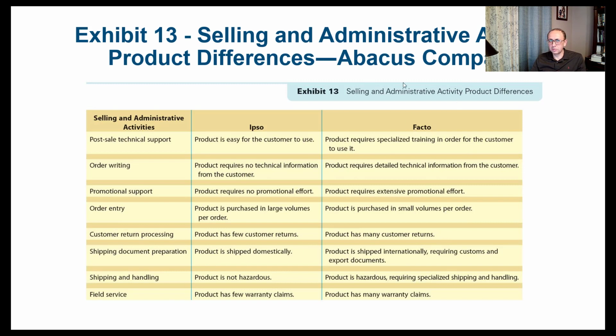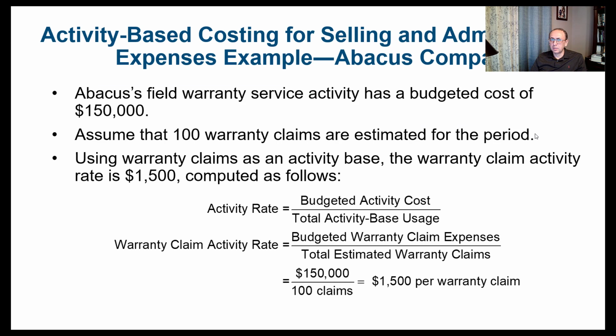And they have here an example for a company they call Abacus. Abacus's Field Warranty Service activity has a budgeted cost of $150,000. Assume that 100 warranty claims are estimated for the period.